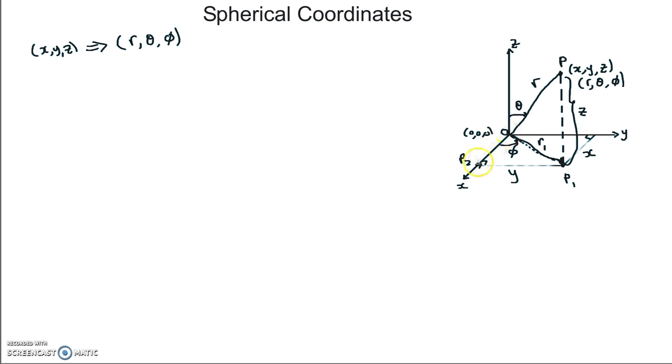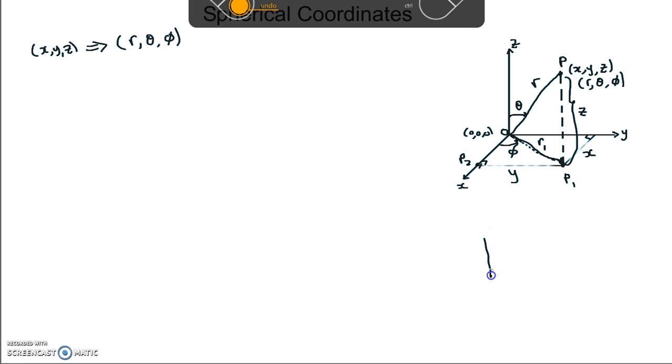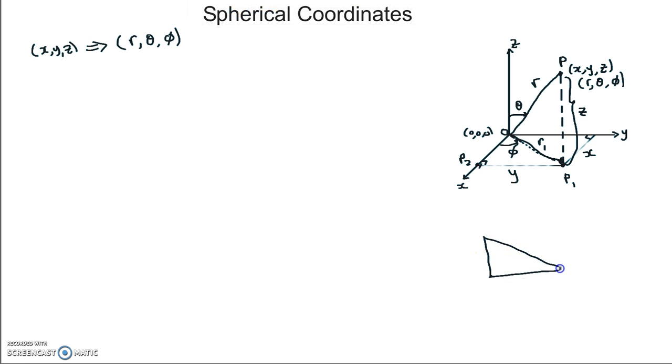We'll look at the triangle O, P2, P1, and draw that outside here. This is a right angle triangle. The length of this side equals y. The length from O to P2 is just the coordinate x, and O to P1 we call r1. So r1 equals the square root of x squared plus y squared.